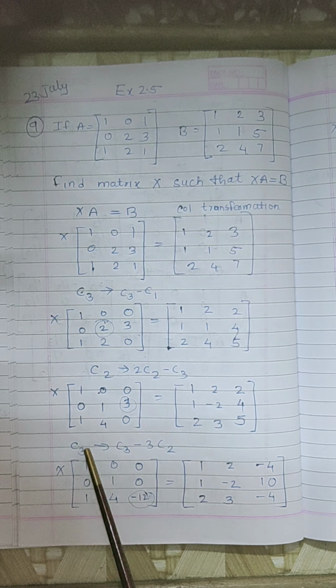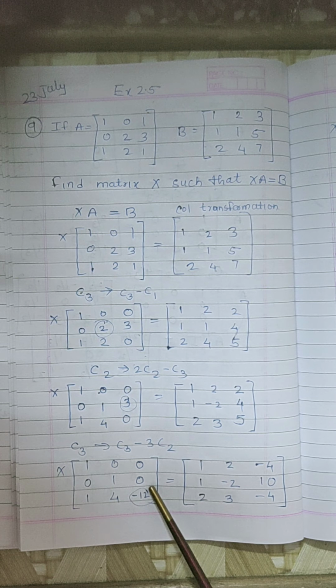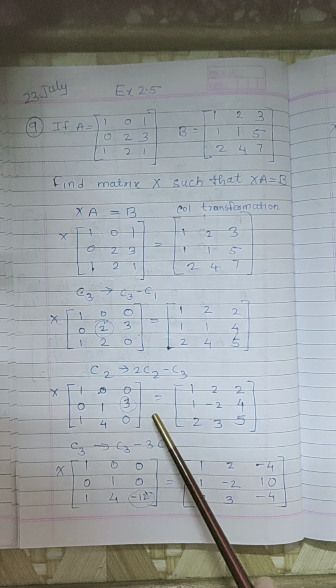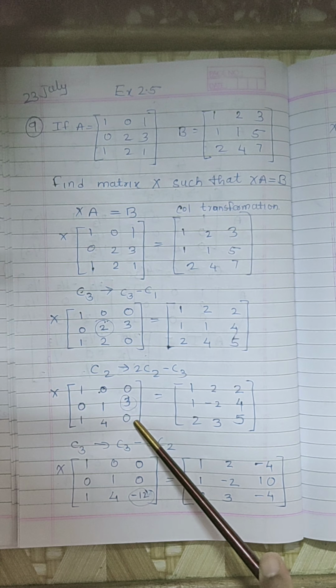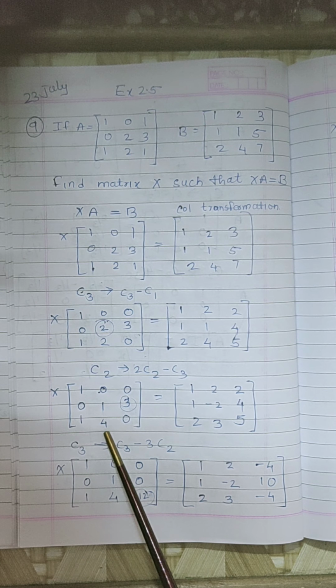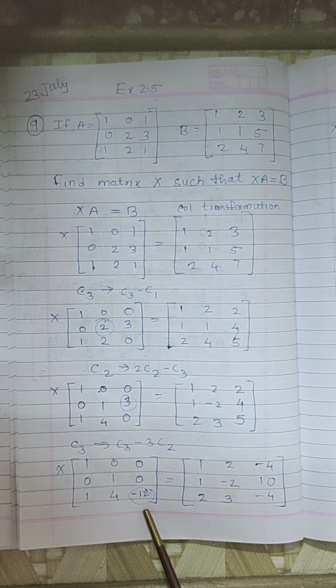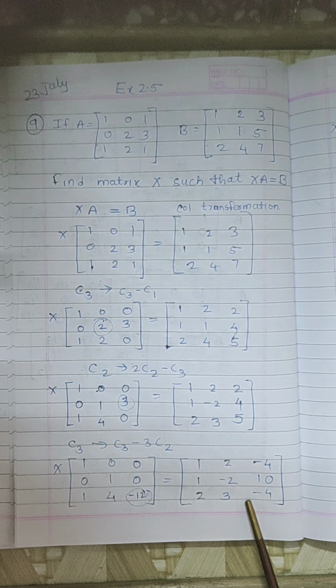Therefore write down C1 and C2 as it is, and this remains 0. This becomes 0 with C3 minus 3C2. Here C3 is 0 minus 3 into 4, so 4 3s are 12, and with the minus sign it has become minus 12. Here also carry out the same transformation.